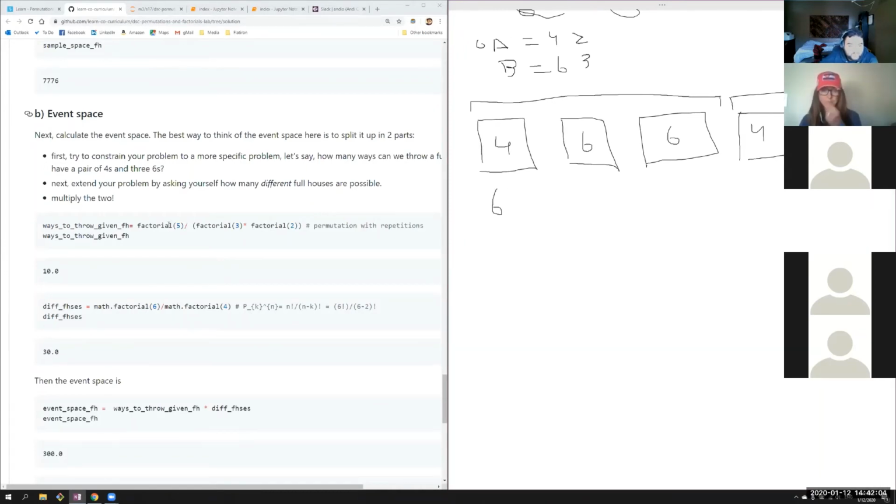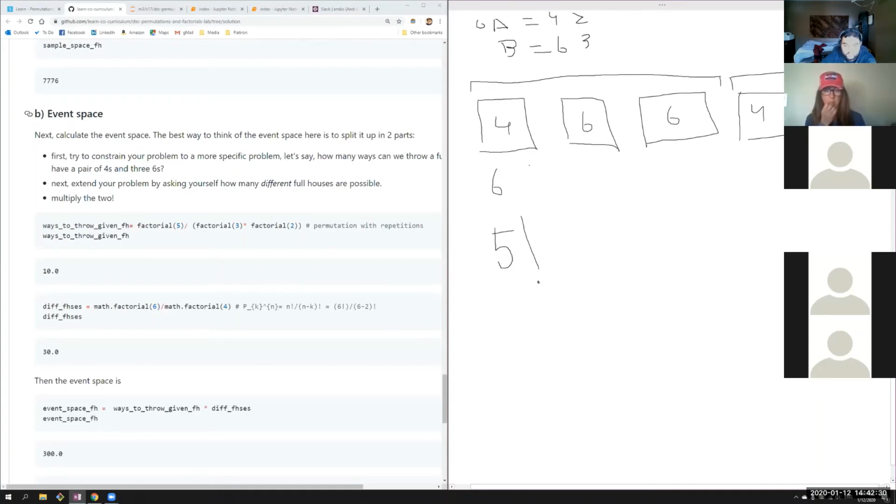So why are they doing factorial 5? They're using the permutations with repetitions formula, which is n factorial over each repetition. So factorial 5 is, okay, that's 5 factorial.